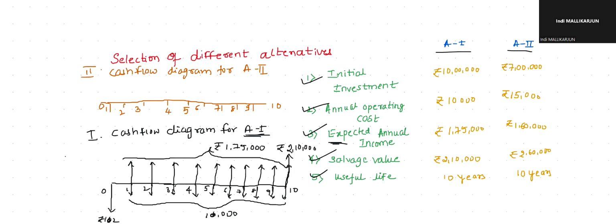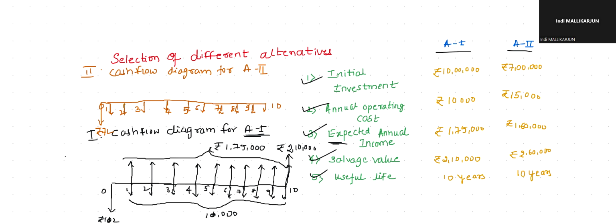Like that here also, the initial cost for alternative 2 is how much? 7 lakh rupees. Meanwhile, the yearly operating cost is also there, around 15,000 for every year.